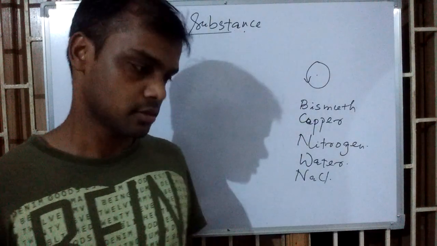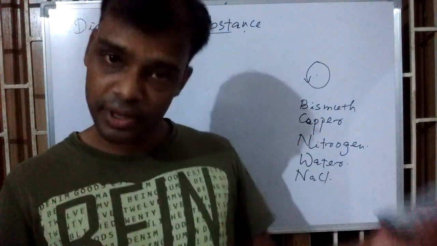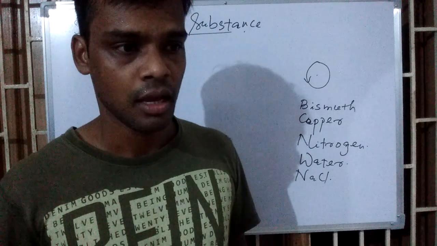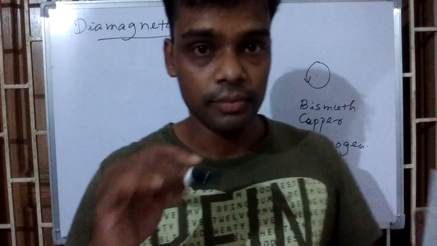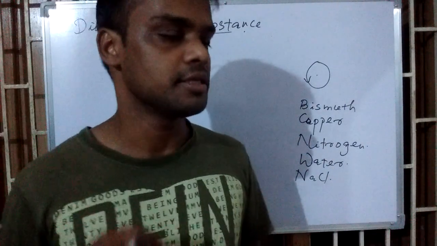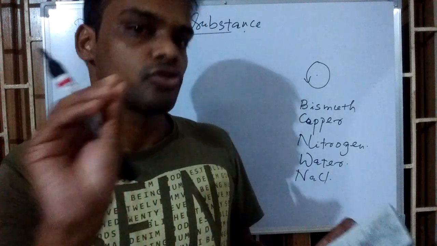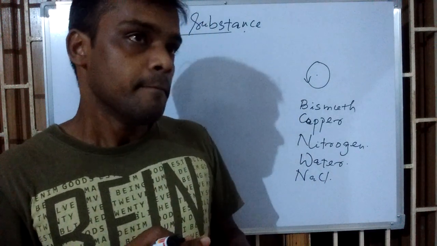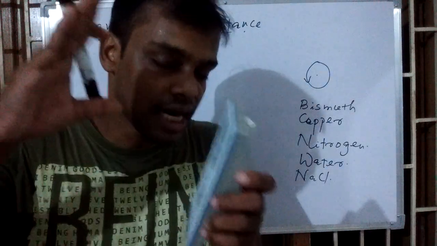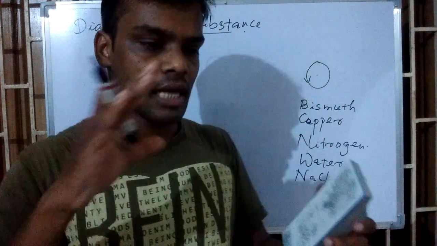If inside a conductor or metal, you increase the temperature, its resistance increases. That means it loses its conductivity to some extent. But here we are doing the opposite, that is, we are decreasing the temperature. If you decrease the temperature, its conductivity increases.